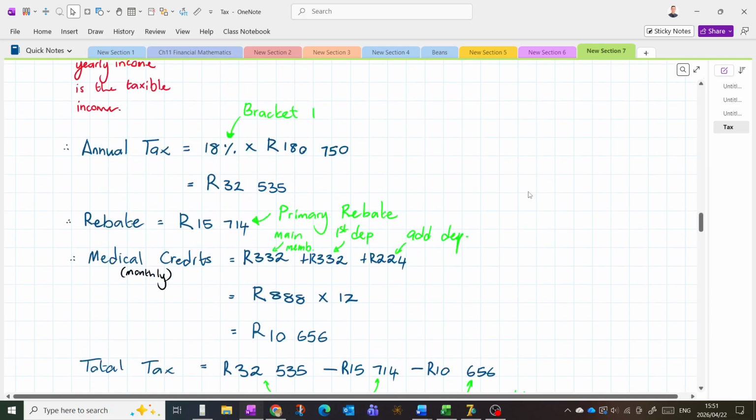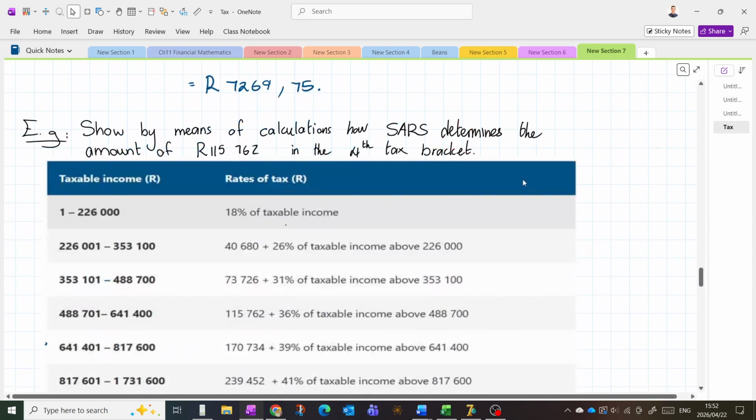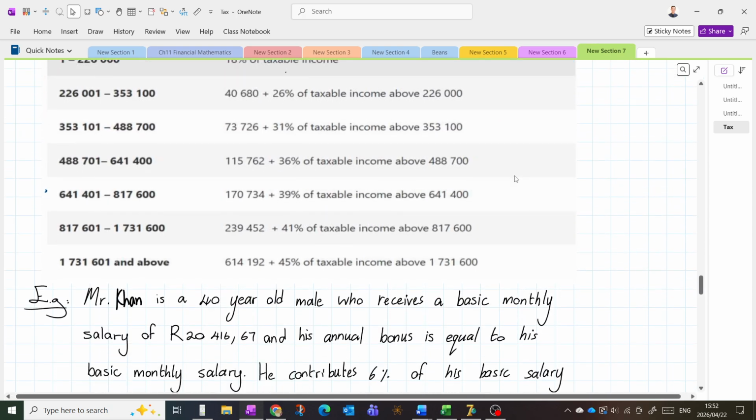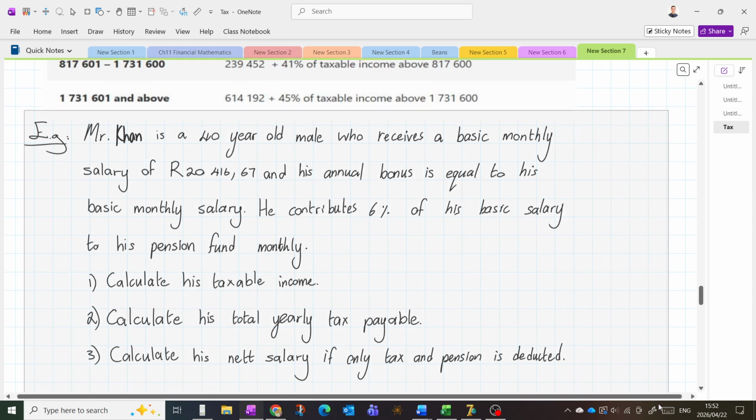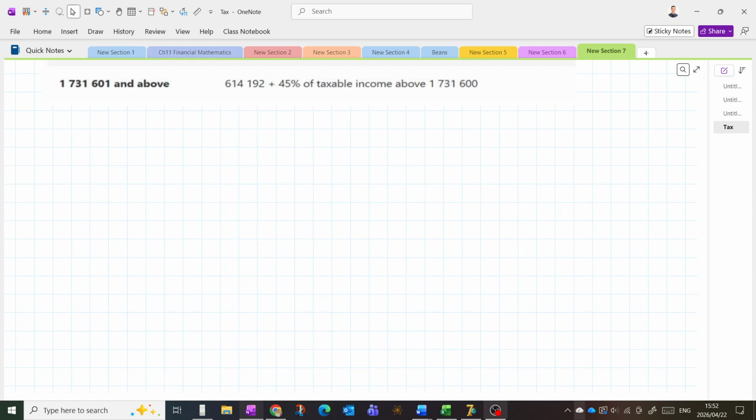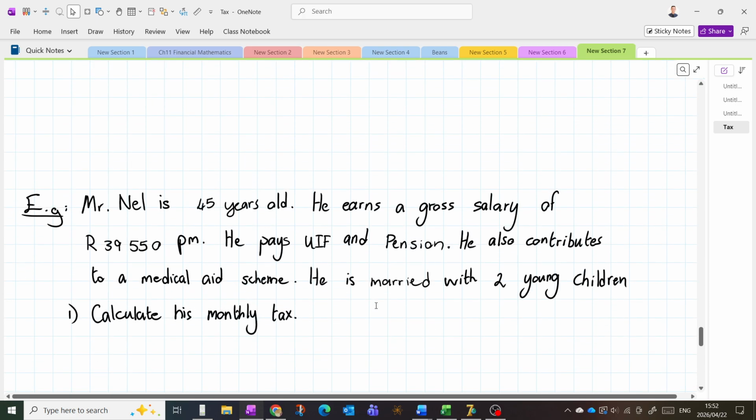Okay, there is two of them. This question, I'm going to ignore this one. I'm going to get rid of this one. There's a very similar one that I'd rather do. This one.